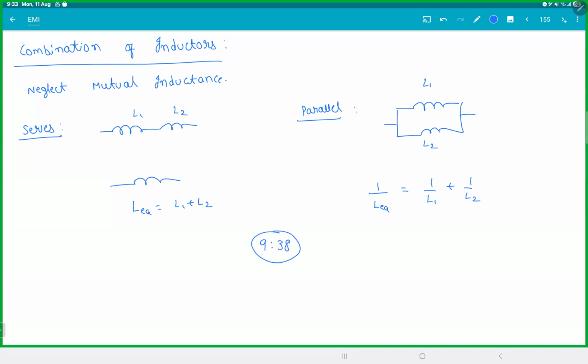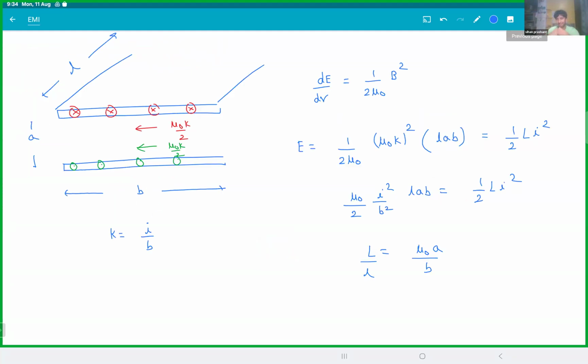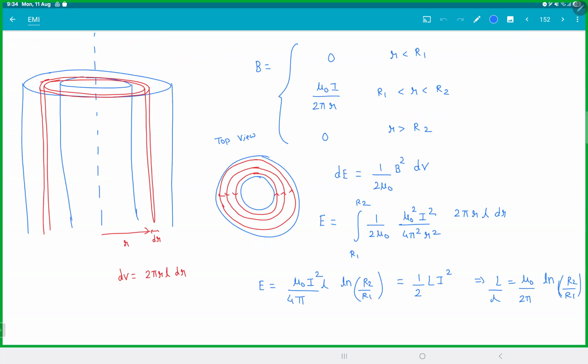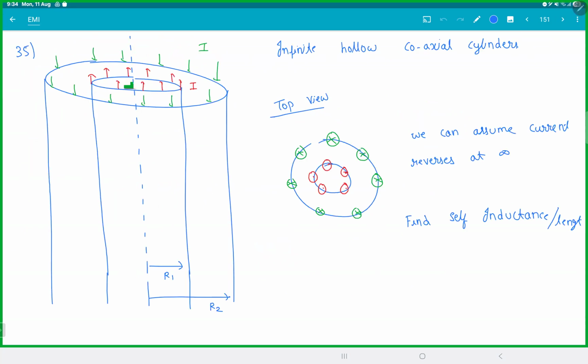Any doubts so far? In the two cylinders inside of each other, I didn't get how it's acting as an inductor. Why can't it be an inductor? What is the problem? I'm not seeing that loop kind of a thing. There it goes to infinity and comes back.